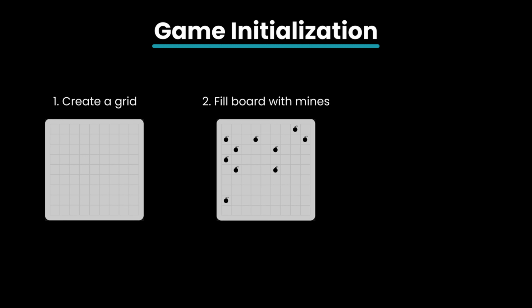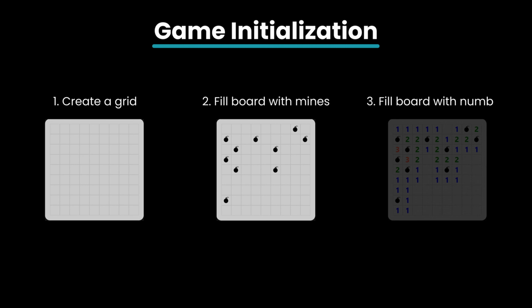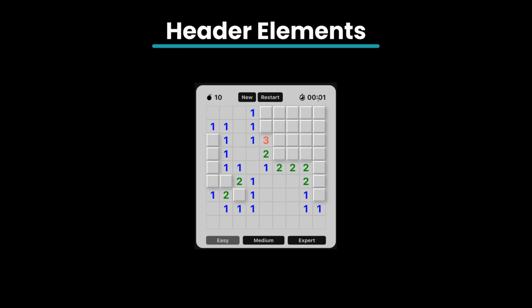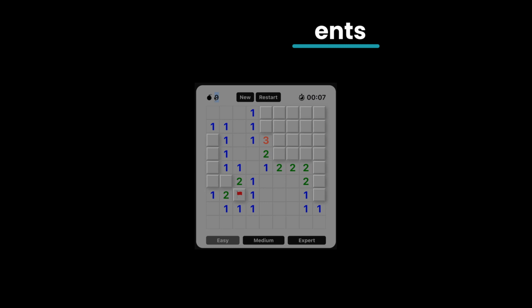Next, for each cell without a mine, we count the number of adjacent cells containing mines. This includes cells in all 8 possible directions. And we set value to a number of adjacent mines. When you make a first move, we start a timer. And when you place a flag, we also show how many mines left to find.